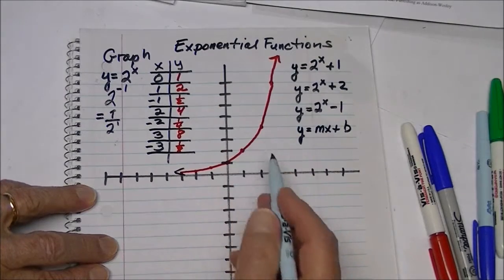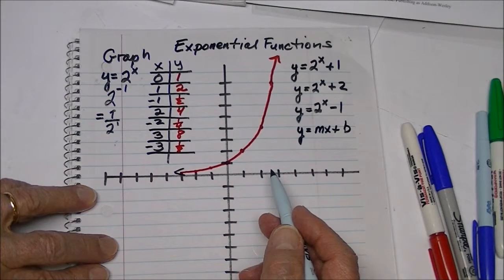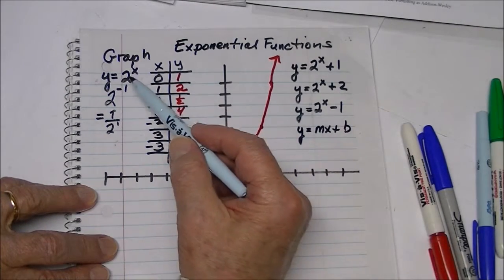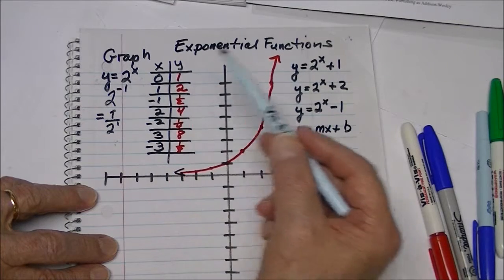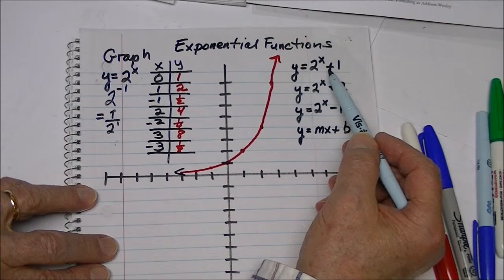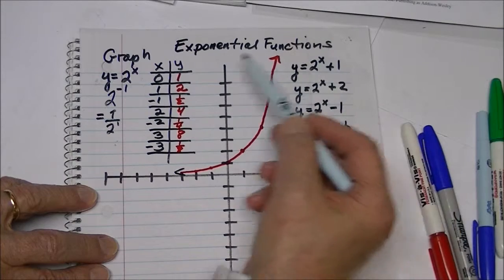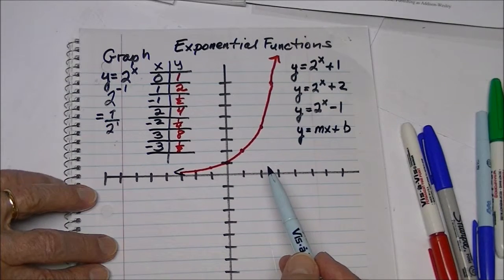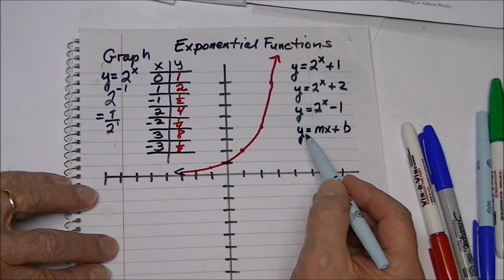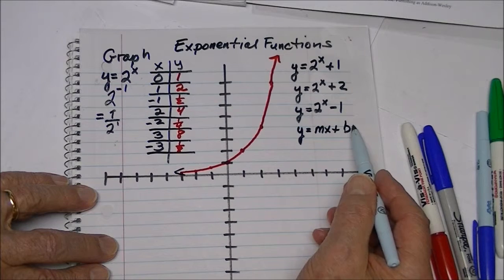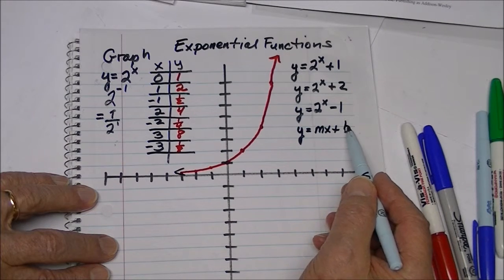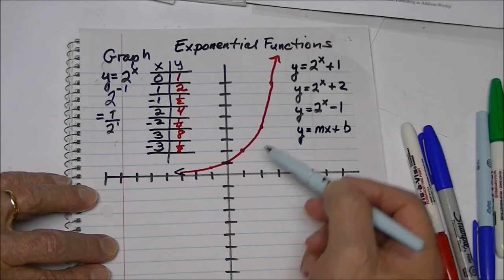Now, basically what I want to also show on this is that if this original function is modified so that you put a +1, what happens to your graph? Well, if we think of y equals mx plus b, this value out here, the b, is the y-intercept.